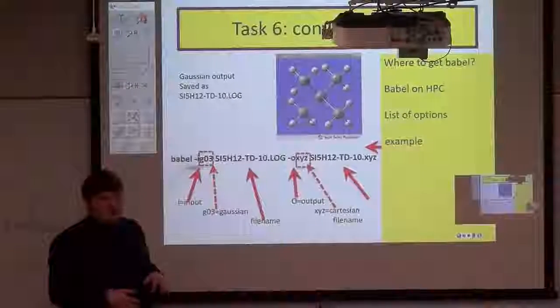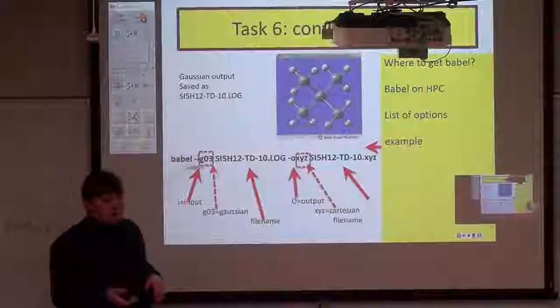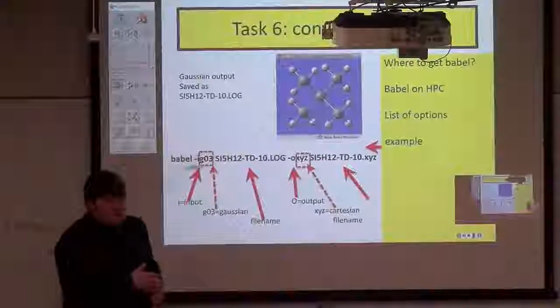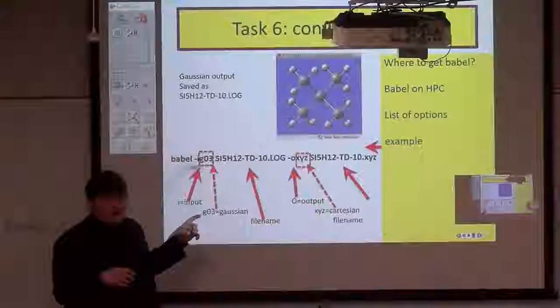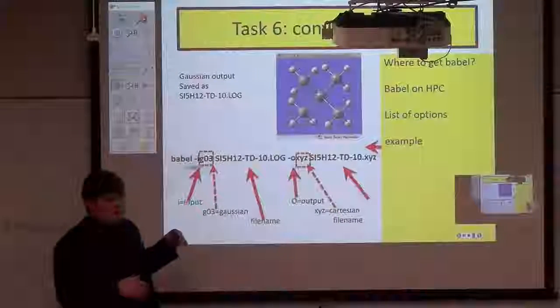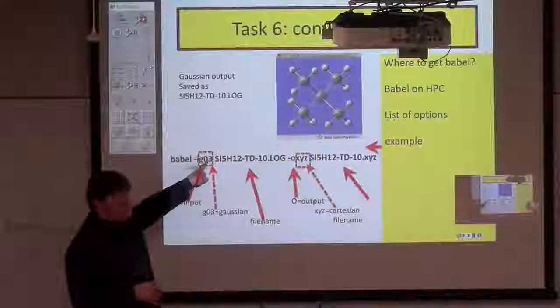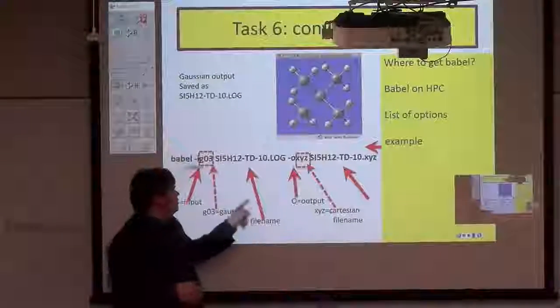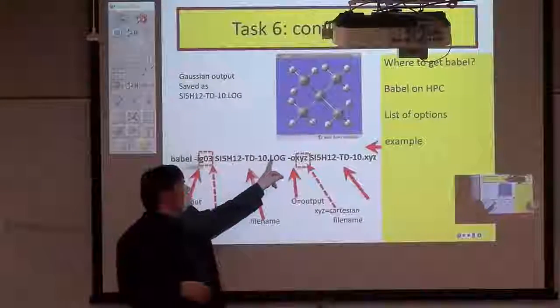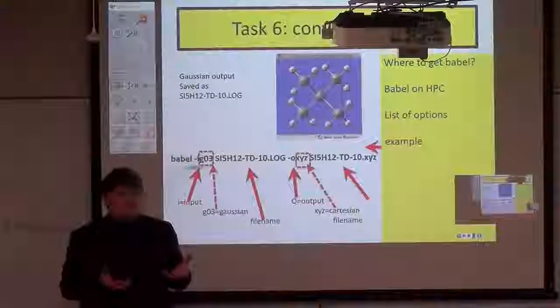So if it was generated after running Gaussian, which we didn't cover yet, but who cares. When you do babel -H capital, it lists all formats, so it shows what the input can be. And then you put a space and argument number 3, the name of the file that you want to process.